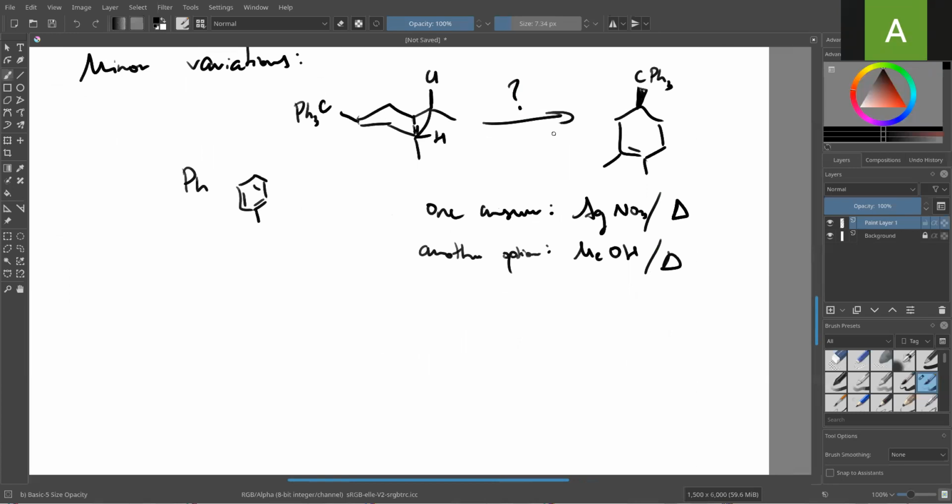Could you use concentrated sulfuric acid and heat for this, or would that not work? No, it wouldn't. That will only work for alcohols, because the sulfuric acid works by protonating the alcohol, which forms water.